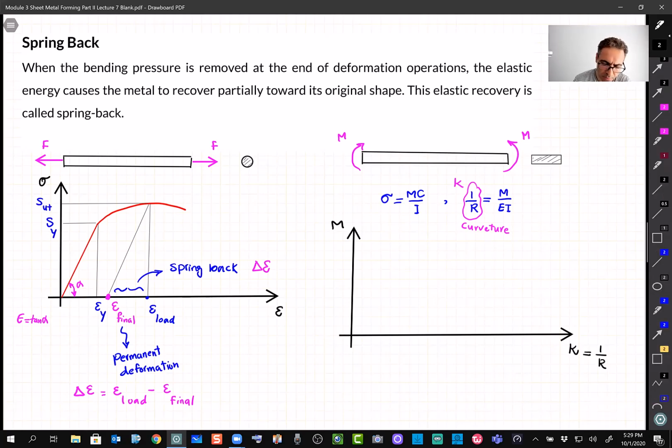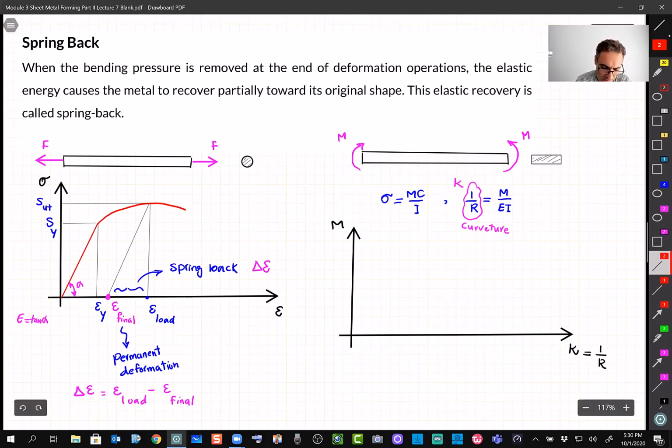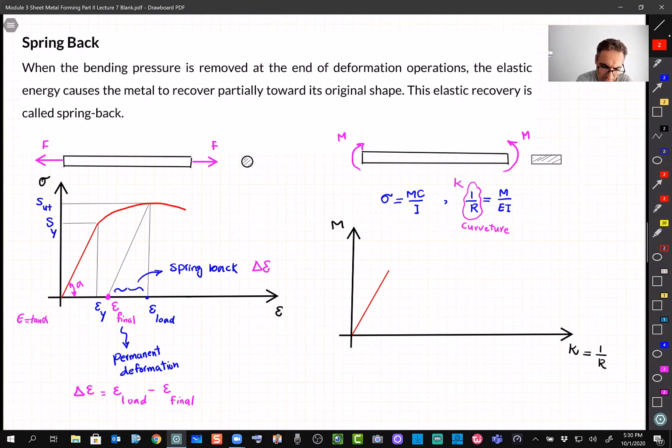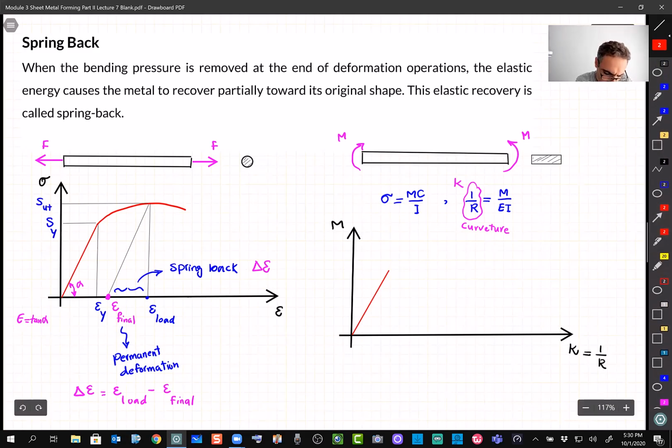If we do a test for this material, similar to the tensile test, but this time for bending, the graph that we are going to get is very similar to the tensile test. It's going to be a straight line, and then after that, a curve like that. Right? We're getting something like that.